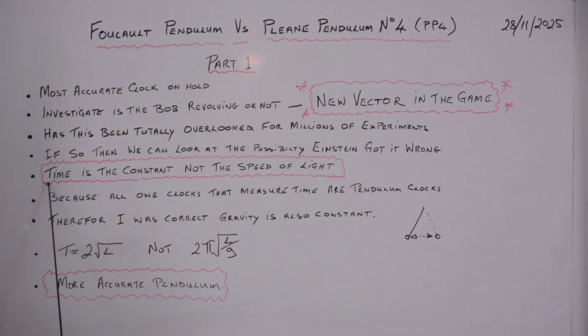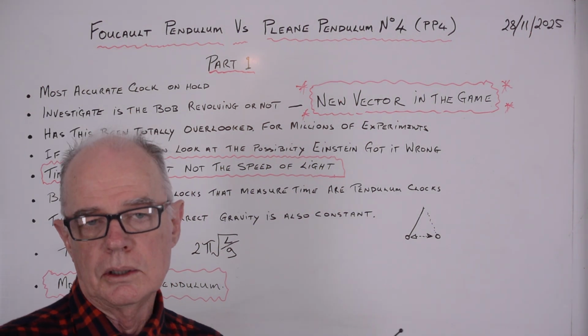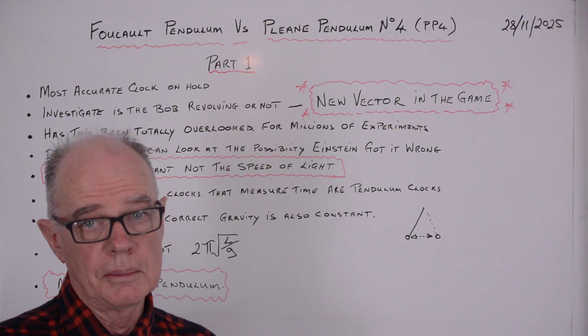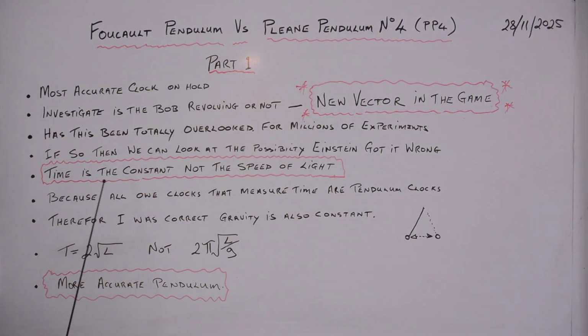And it's looking, from my early investigations, I sort of had in the back of my mind that time is the constant and not the speed of light, which will upset a lot of people, but Einstein may have it wrong. So we also have to look at that possibility, that Einstein got it wrong. Time is the constant, not the speed of light.